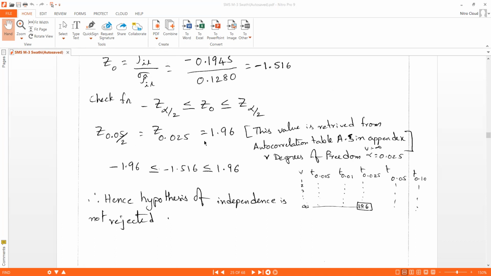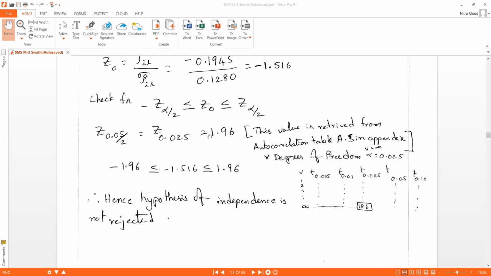Okay, like previous problem they have given the D alpha value, the same way here they will give Z alpha by 2 value, that is 1.96. Okay, if you want, we can also check in the textbook, that will be available in the A.5 appendix. In textbook also it will be. By using this alpha value, we can check the alpha by 2 value.